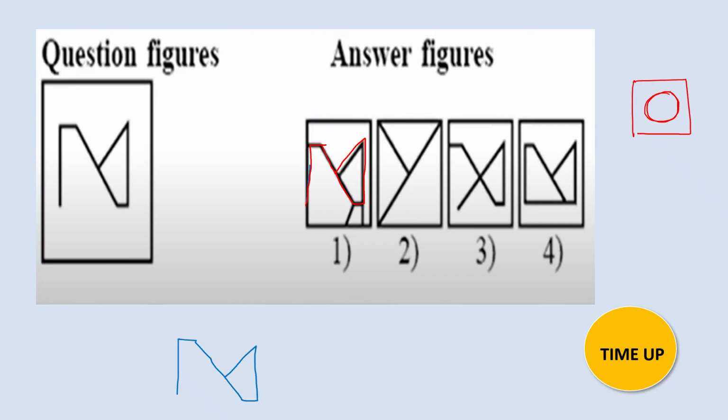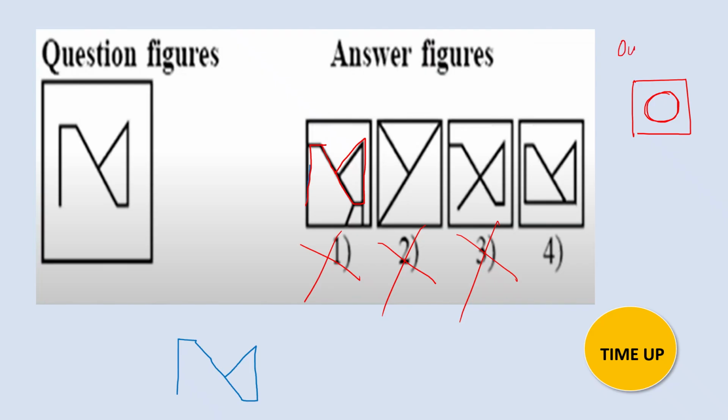So you should not consider the boundary. So first one is wrong. Second one, you can't find the exact image. Second one is wrong. Third one also, same thing. If you take the boundary, you'll get the replica, but on the boundary we should not consider. So third one is also wrong.